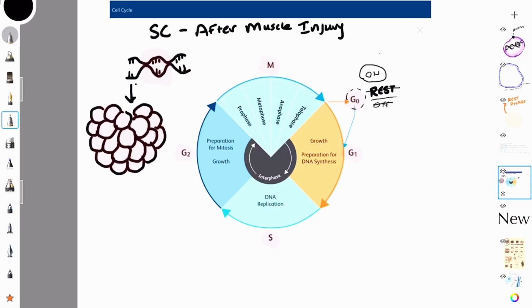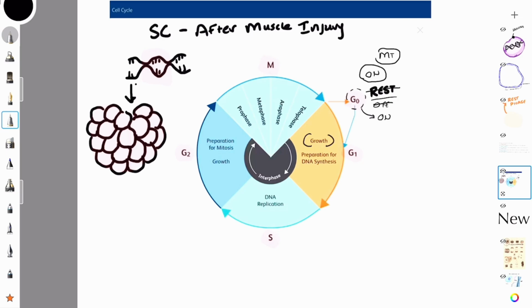That bruise is enough microtrauma to activate the satellite cells, because if there's blood pooling there, the tissue has been damaged, and that means the satellite cells will go from off to on. And so they will leave the G0 phase and go into the G1 phase.